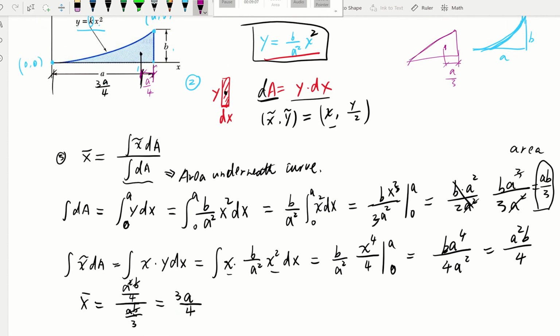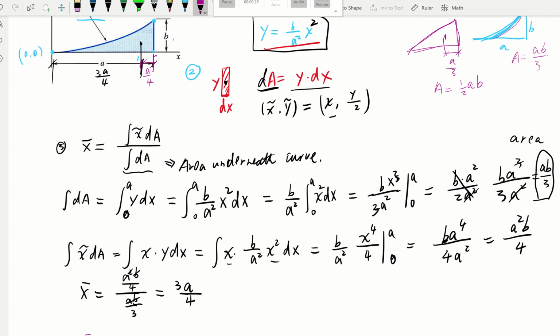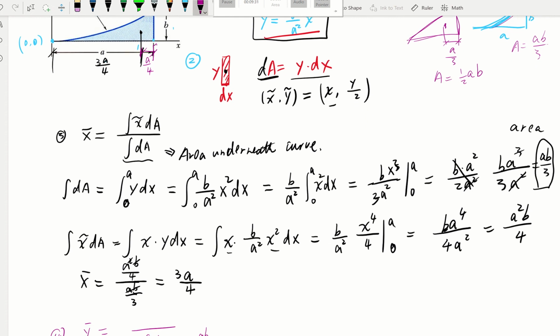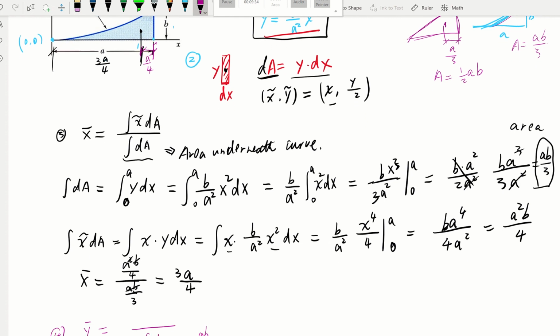Again, for the triangle, the area we already know is half base times height. If base is a, height is b. And here, if this shape is a parabola, that area, you just calculate it, it's ab over 3. Because I want to start to let you think about the pattern, which I will show you in the next video. But now you pay attention to those answers you have already received.